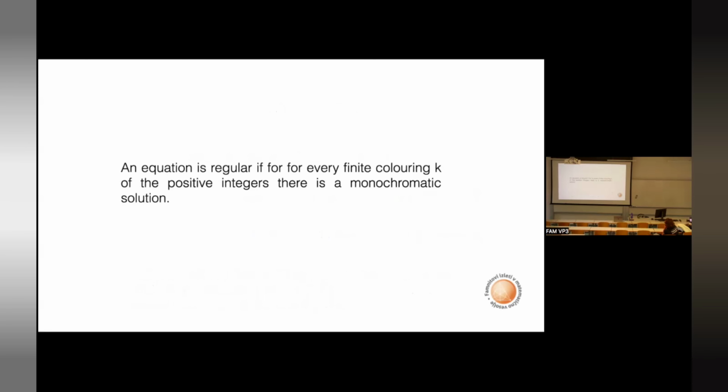If you color all the positive integers with K colors, and you always have a monochromatic solution, I will call this equation a regular equation. And we saw that the simple equation from the past example is one of the regular equations.